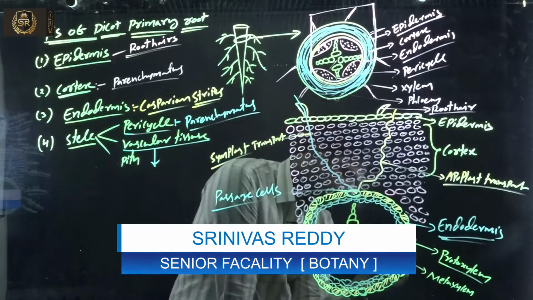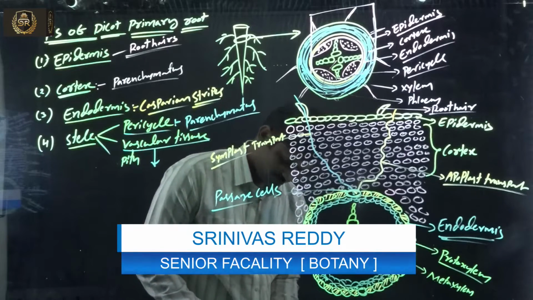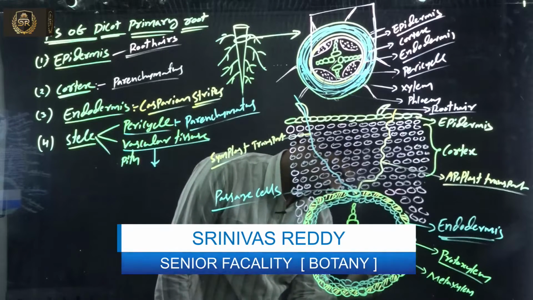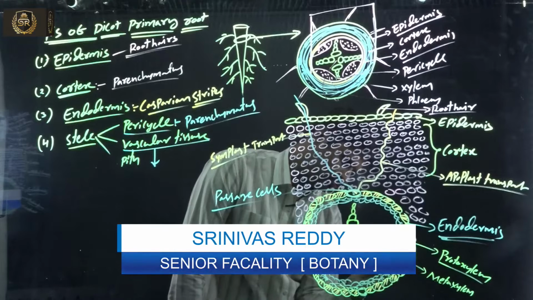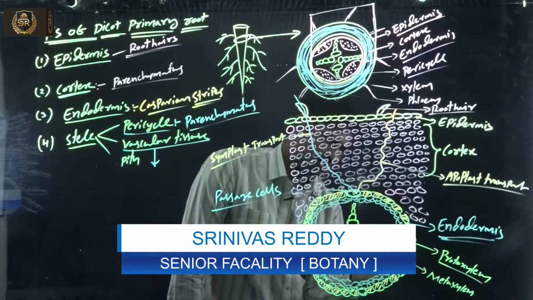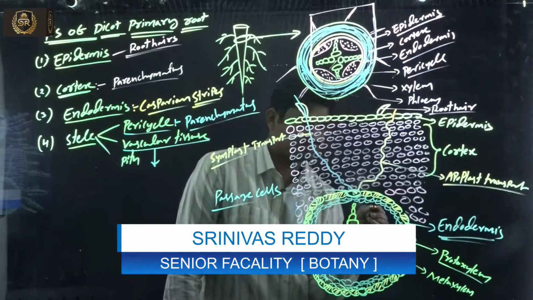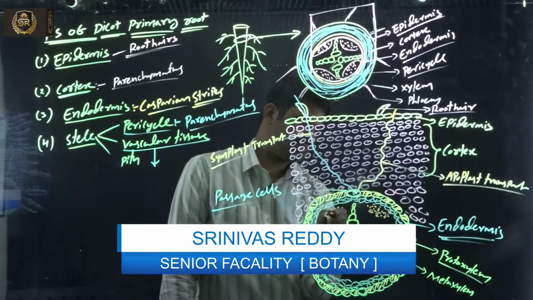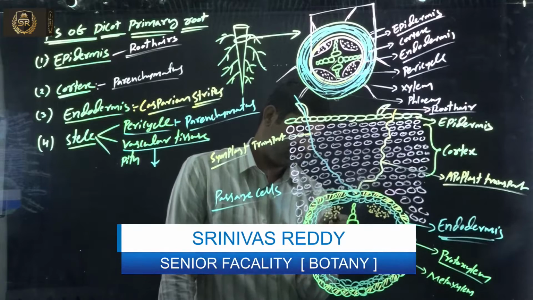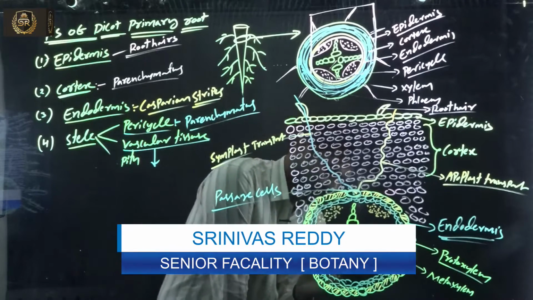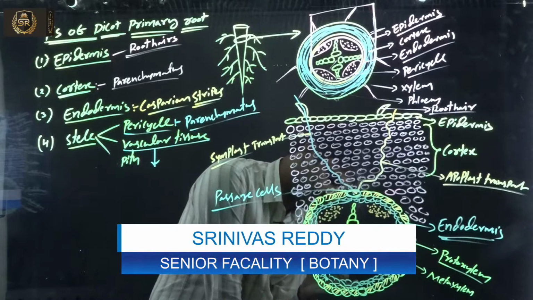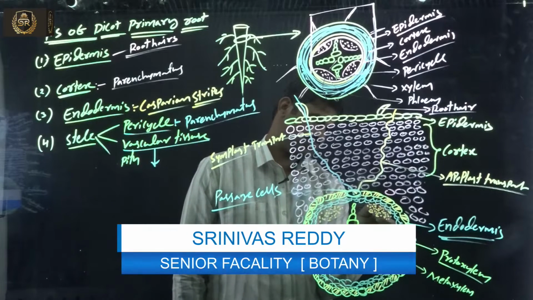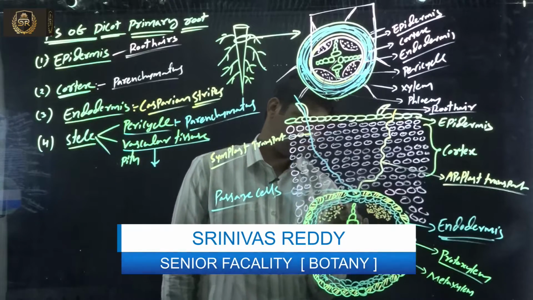This is xylem tissue. Next, this is phloem tissue.